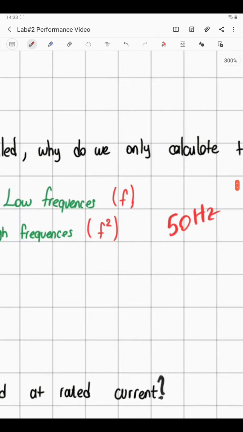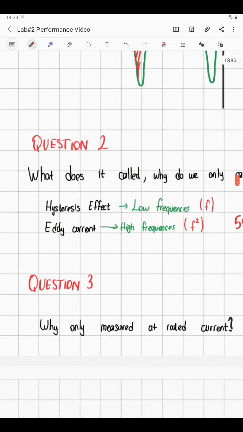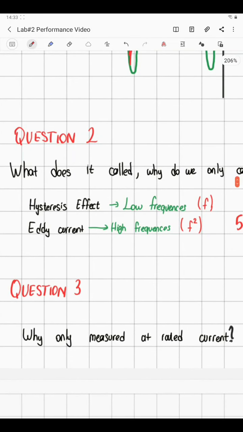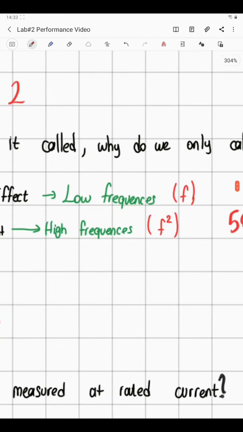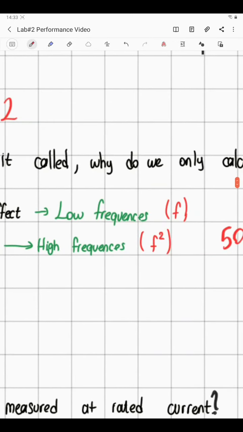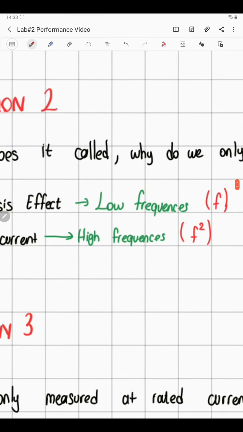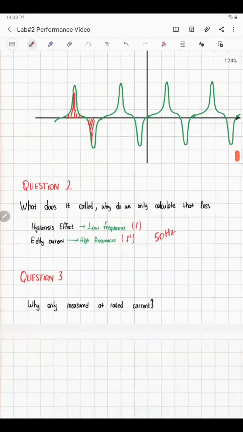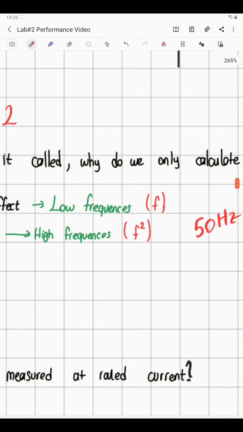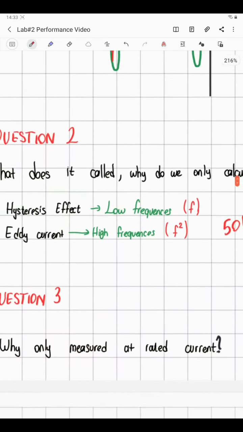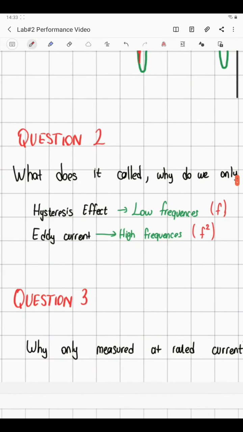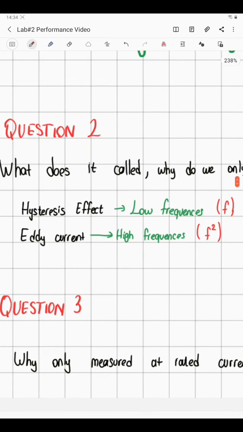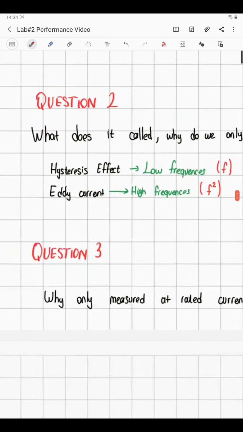Therefore, when we look at what the loss is proportional to in frequency, we see that the hysteresis effect is only proportional to f, whereas the eddy current loss is proportional to f square. And when we think about it, because the frequency is low, the square of it is even lower, and it can be counted as negligible compared to the hysteresis effect.